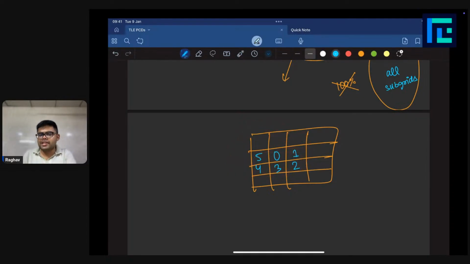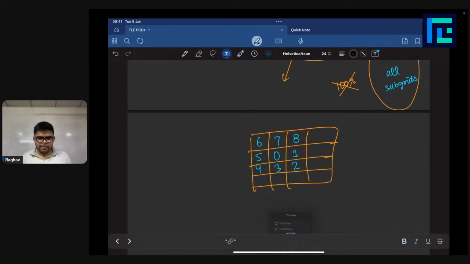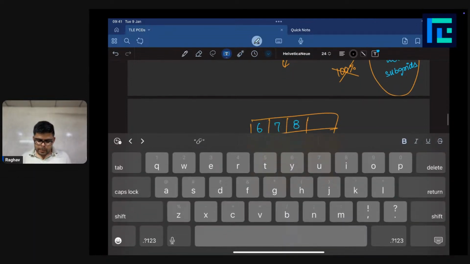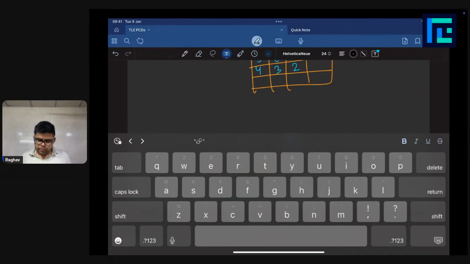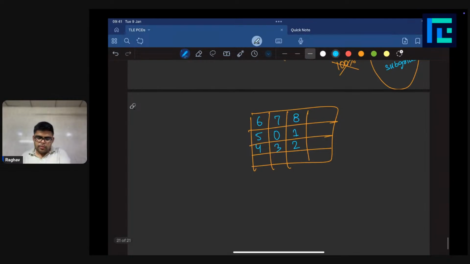Then talking about 6, 7, 8, whether I place them in this way or in this way, that would be the same, because after these 6 people, if I want to include even just one single extra guy, then I will have to include all these 3 at the same time, right? So I just realized that I can go like this.